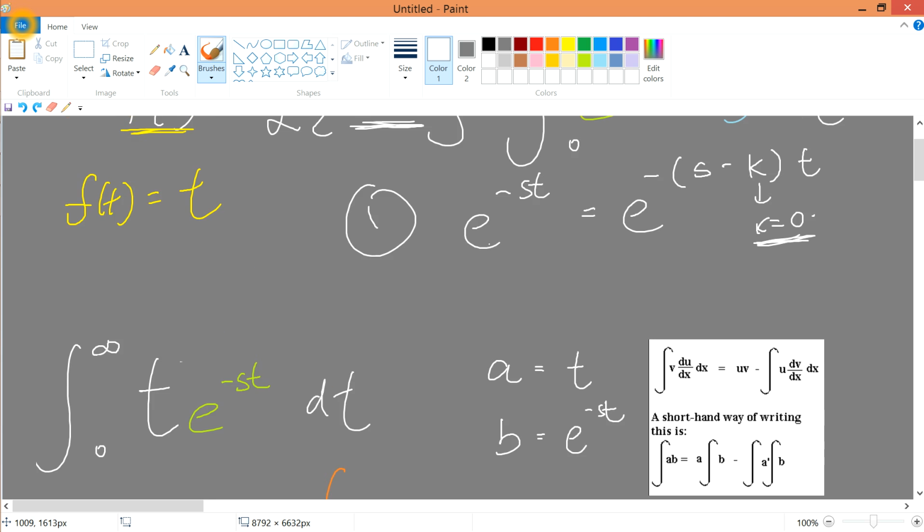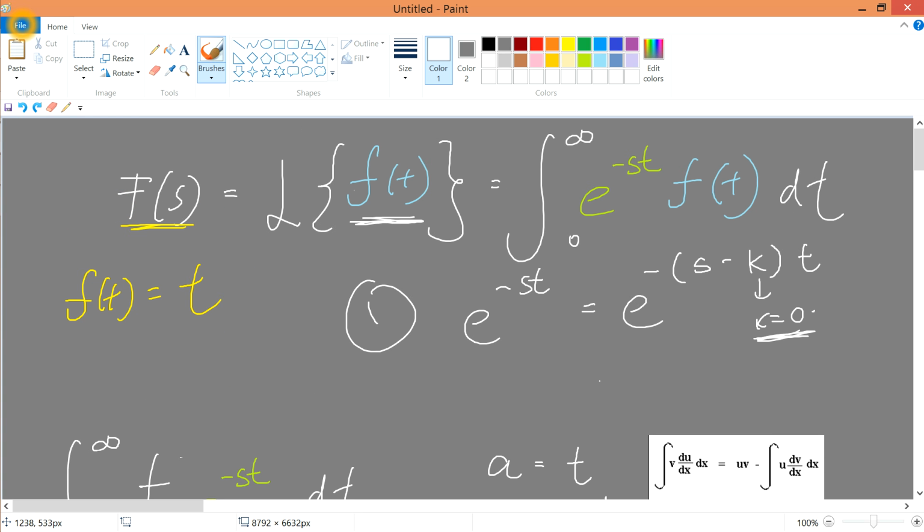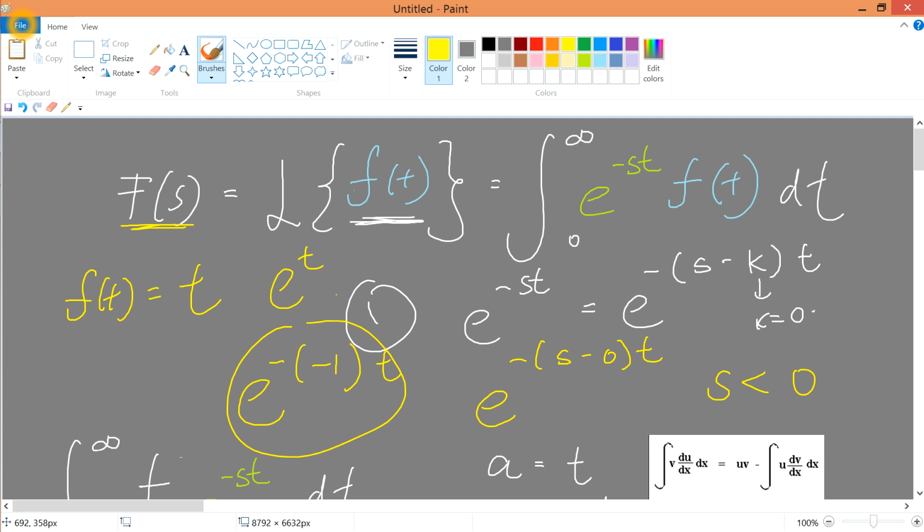Let's say k equals 0, and if s is smaller than 0, meaning it's negative, for example e to the minus (minus 1 minus 0)t, or in other words e to the minus (minus 1)t, this whole thing becomes e to the t.